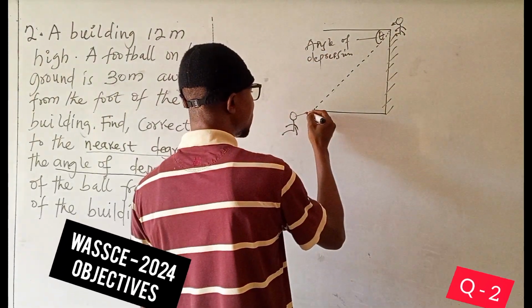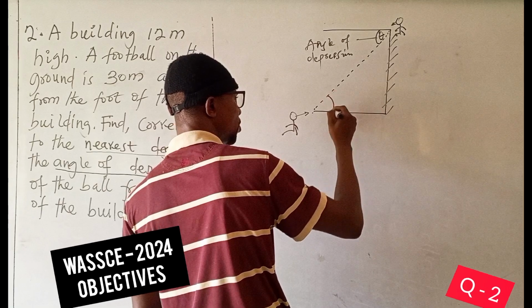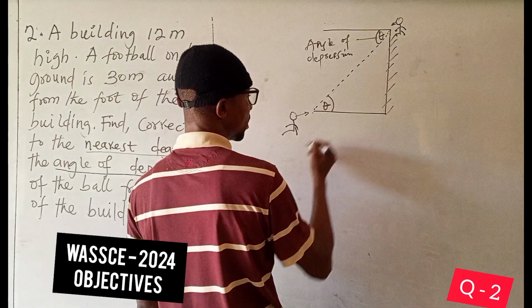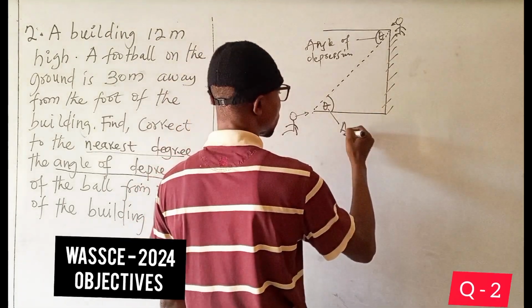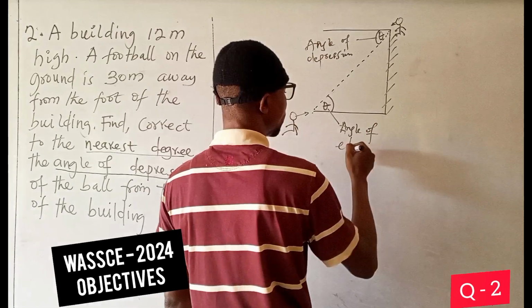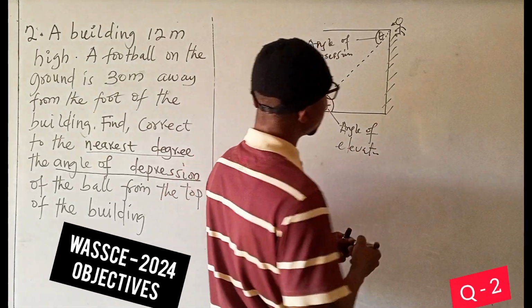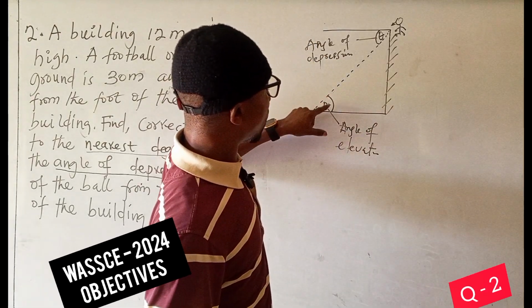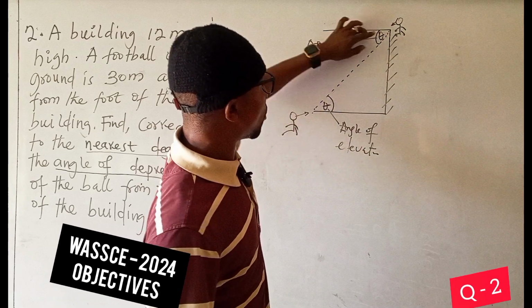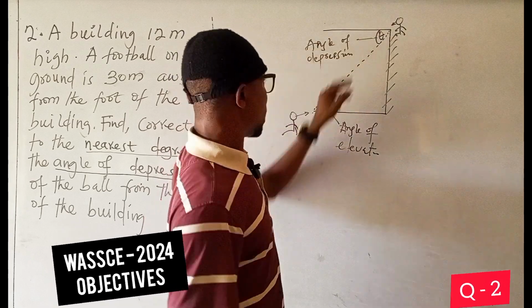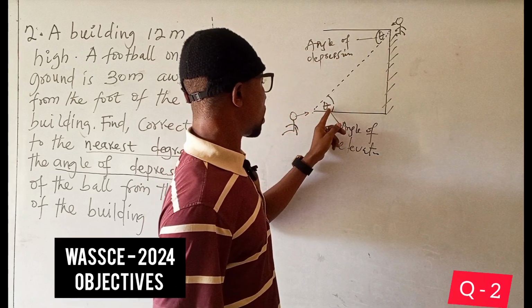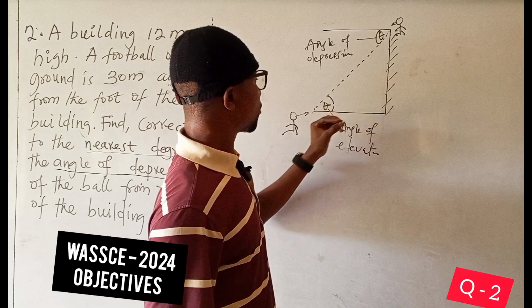And the angle that this person looking upwards makes with the horizontal is what we call the angle of elevation. So the angle of depression is alternate to the angle of elevation when you study angle properties of parallel lines.